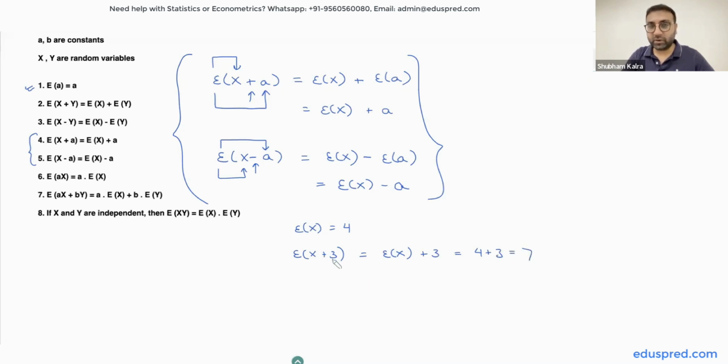So if you add a constant, it will affect the mean. Similarly, if you subtract a constant, it will also affect the mean. So now it will become 1. Okay. So the mean or the expected value is affected by the subtraction or the addition of a constant, right? So this was your property number 4 and 5.